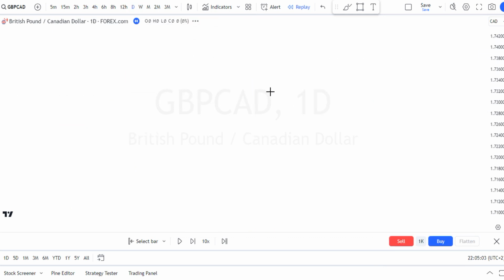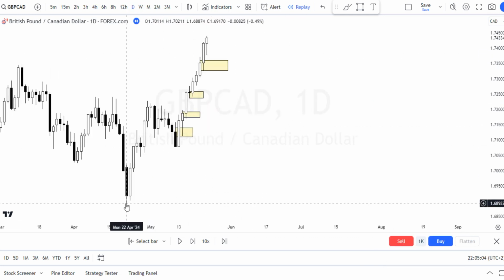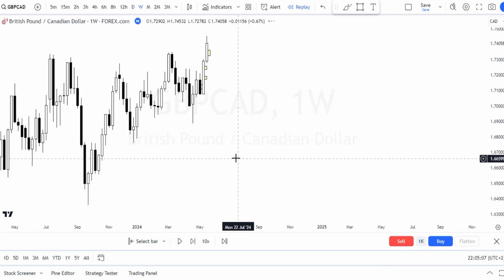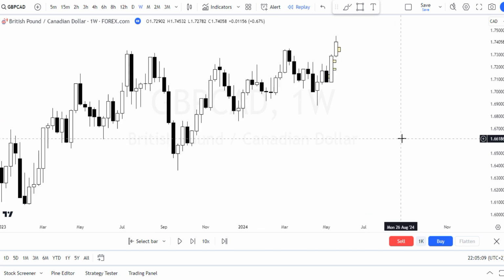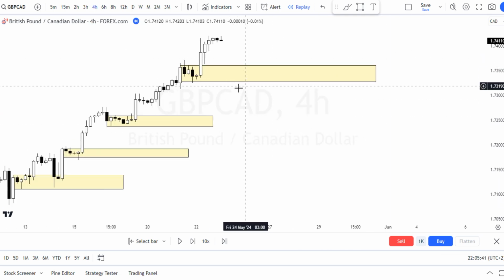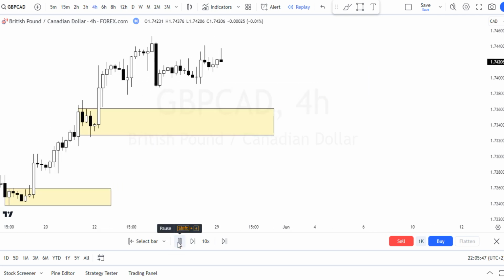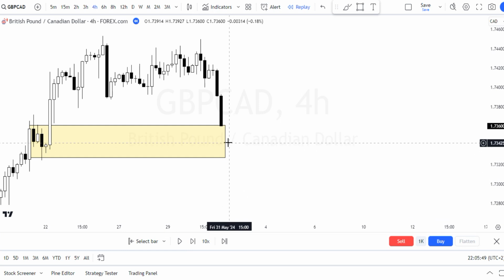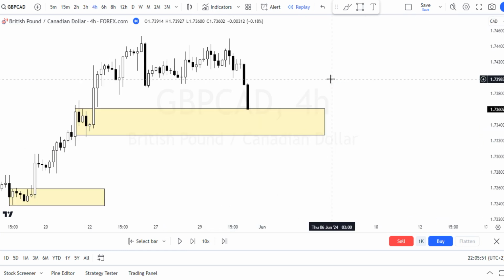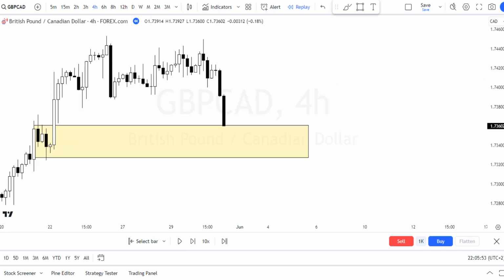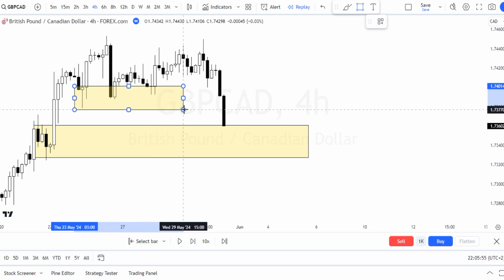If I go to the daily chart, we can see that it's a very strong uptrend, and we can buy. Then we have this order block here on the buying side.